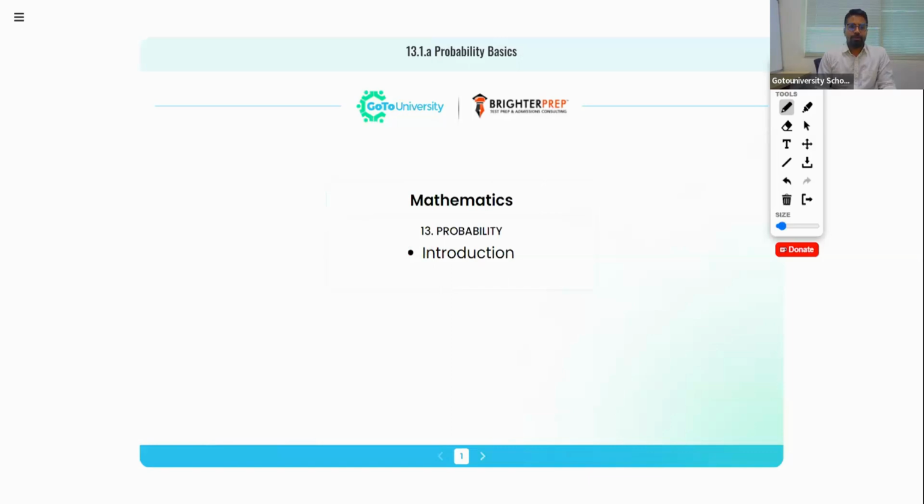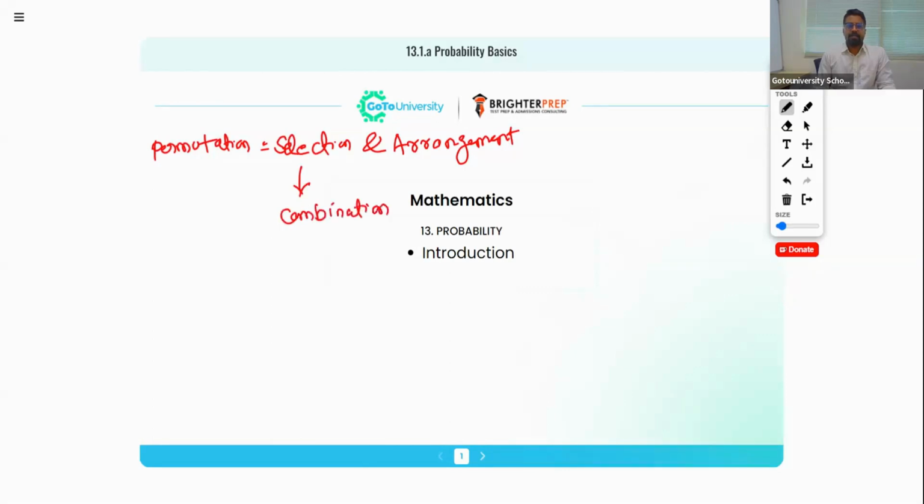Then I told you permutation is nothing but a task which has both selection and what is it? Arrangement. So if it has selection as well as arrangement, and combination is nothing but selection, I can say combination is a part of the permutation.